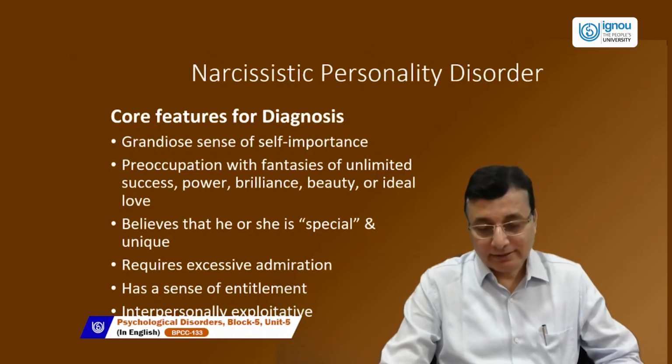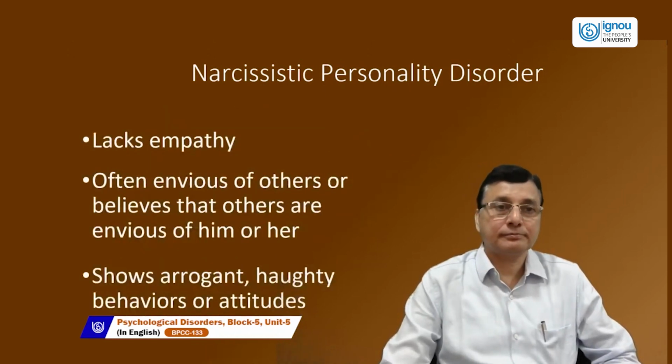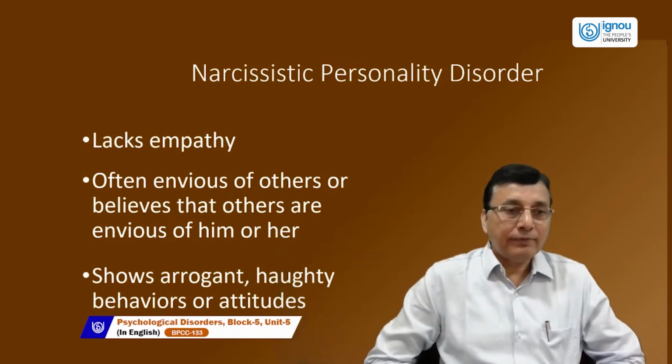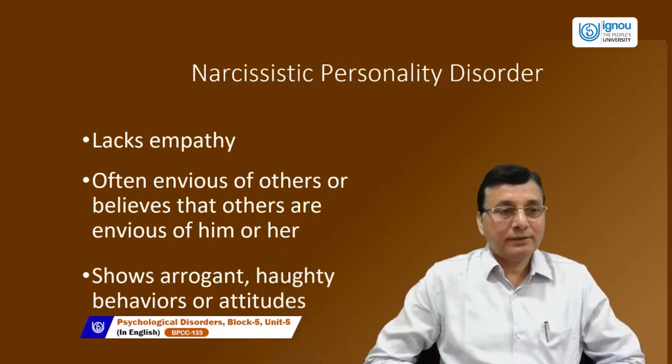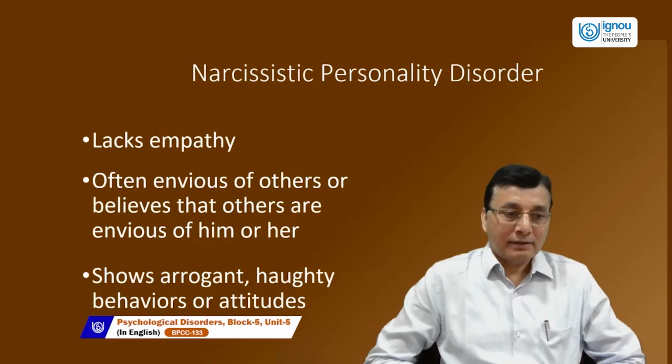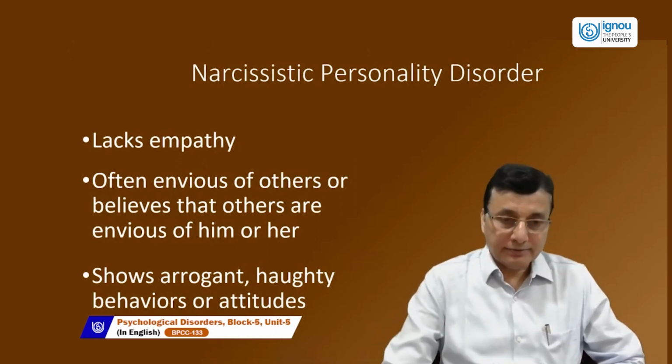So they exploit the relationship. They lack empathy and are often envious of others or believe that others are envious of him or her, and show arrogant behavior and attitudes.